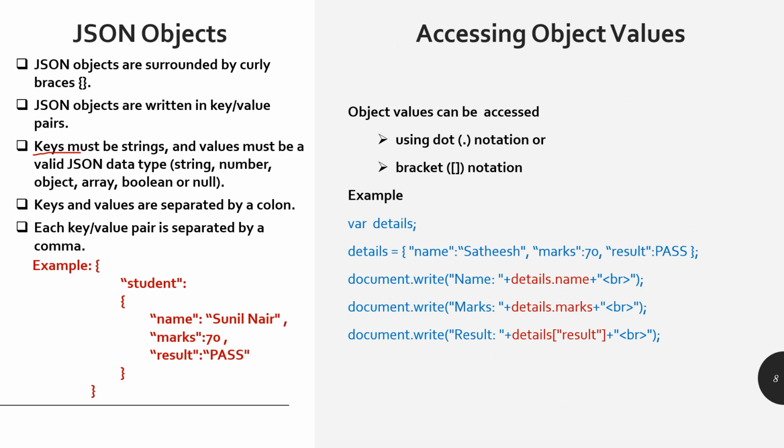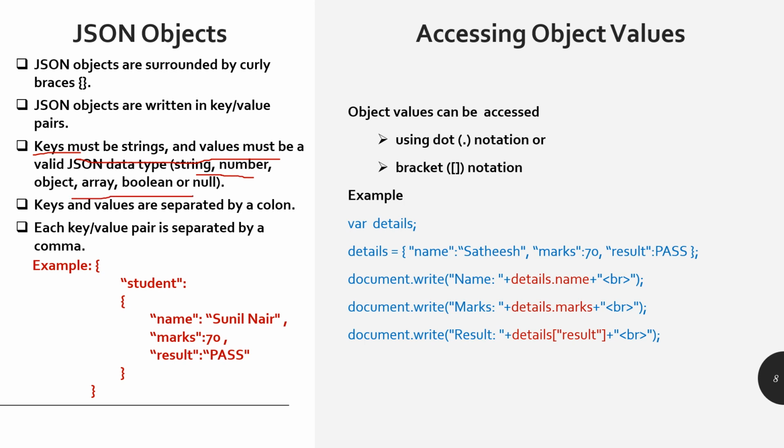Now we are going to discuss JSON objects. JSON objects are surrounded by curly brackets. As we discussed earlier, they are written in key value pairs. But one important thing is that keys must be strings and values must be valid data types, which can be string, number, object, array, or boolean.